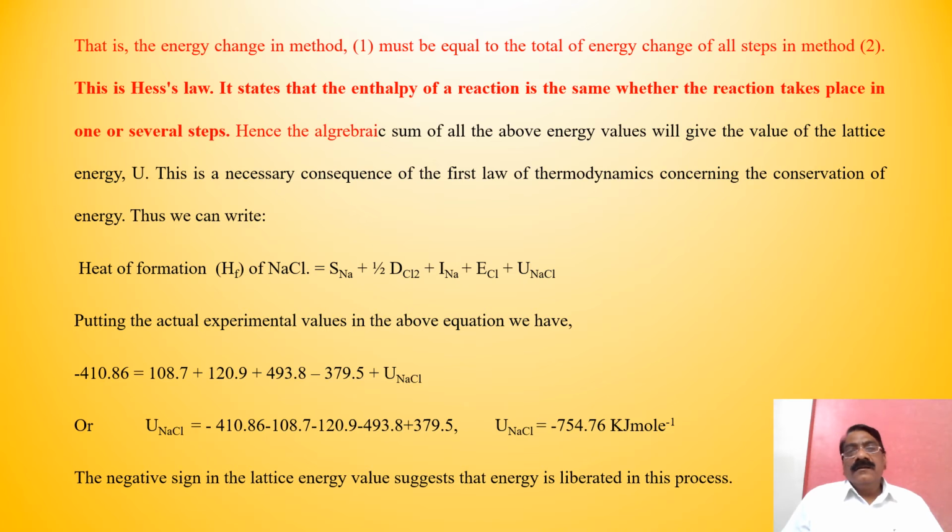Hence, the algebraic sum of all the above energy values will give the value of the lattice energy, capital U. This is a necessary consequence of the first law of thermodynamics concerning the conversion of energy.